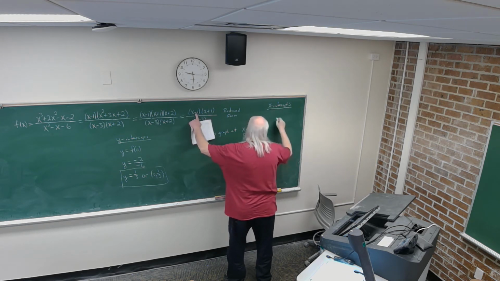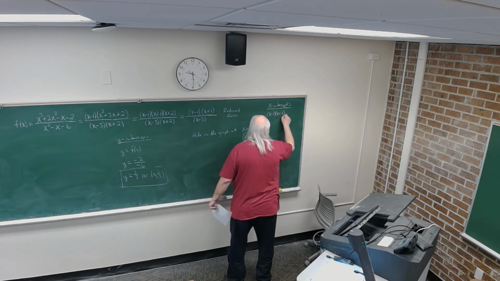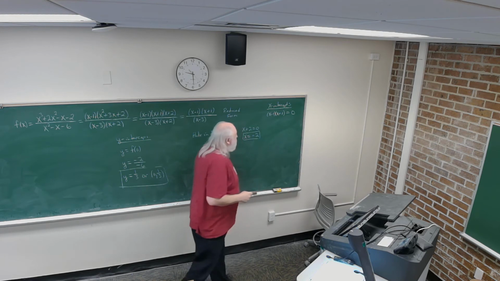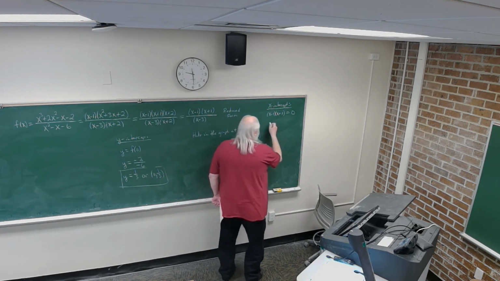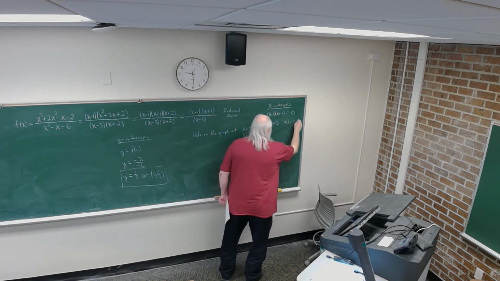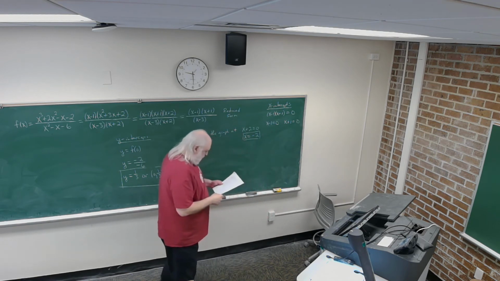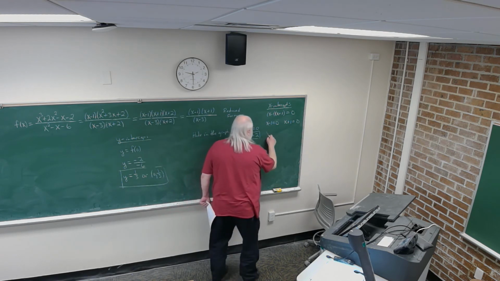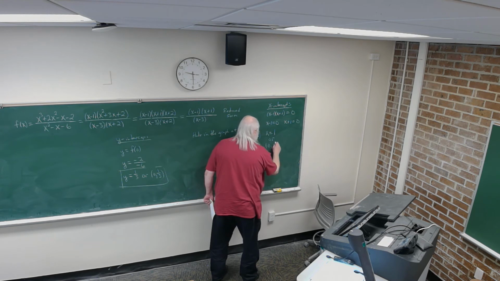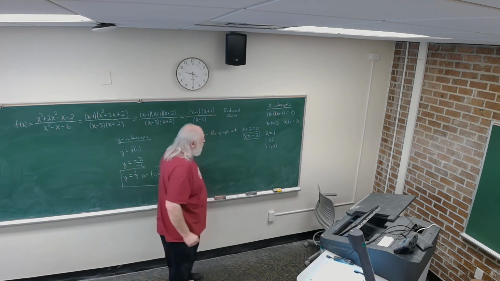We set this numerator, x minus 1 times x plus 1, equal to 0 and solve for x. Okay? And so when you do that, the first factor, x minus 1, is equal to 0, or the second factor, x plus 1, is equal to 0. And when you solve the first equation, you get x is equal to 1 is the x-intercept, or you can write it as the point 1, 0.